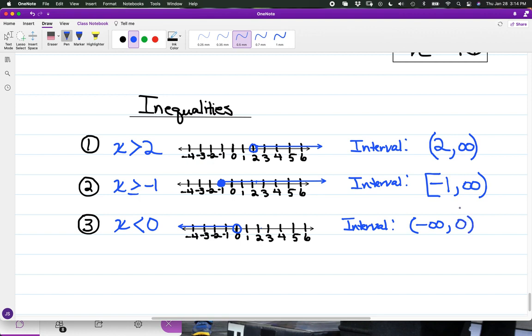And for the remaining one-direction inequality, say x is less than or equal to 5.